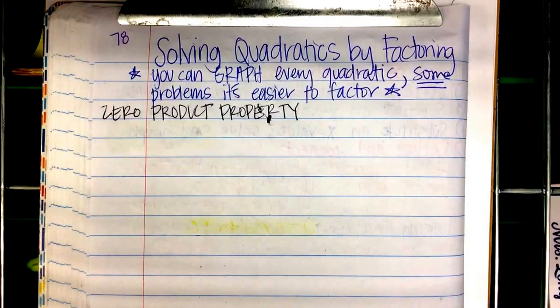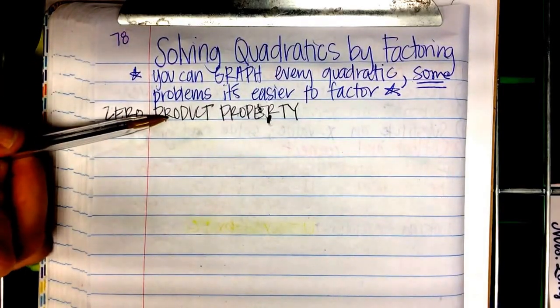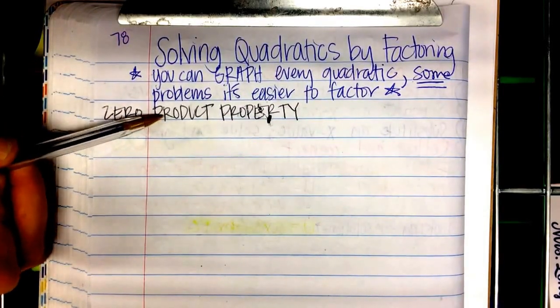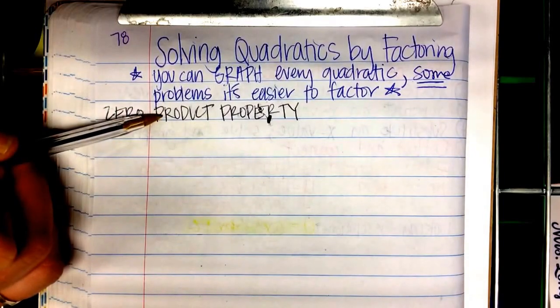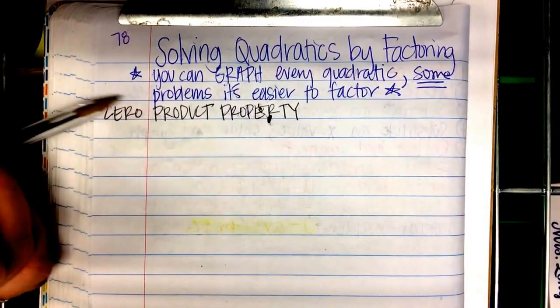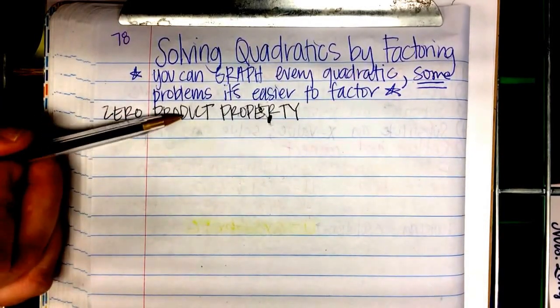And I'm fairly positive, without even knowing the mathematical definition, you could probably deduce what that means. Zero product property. You know what zero is? What does product mean? Multiply, right? Answer to a multiplication problem. So what do you think happens when you multiply by zero?